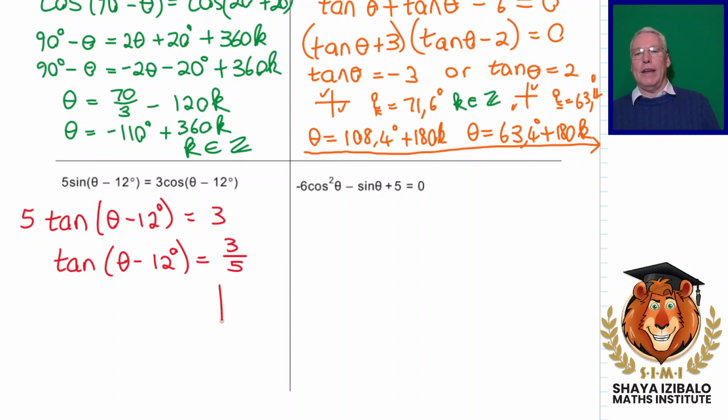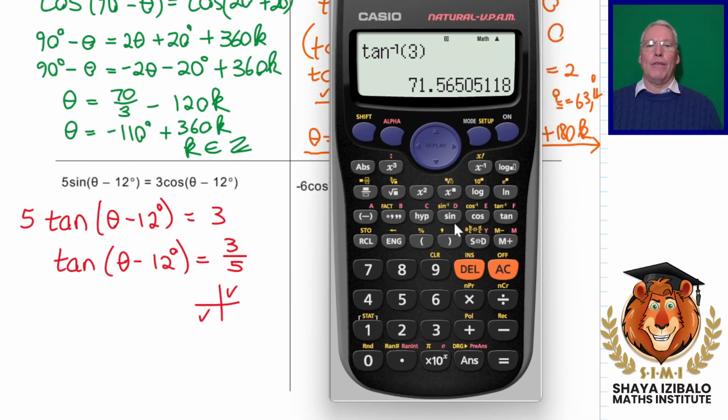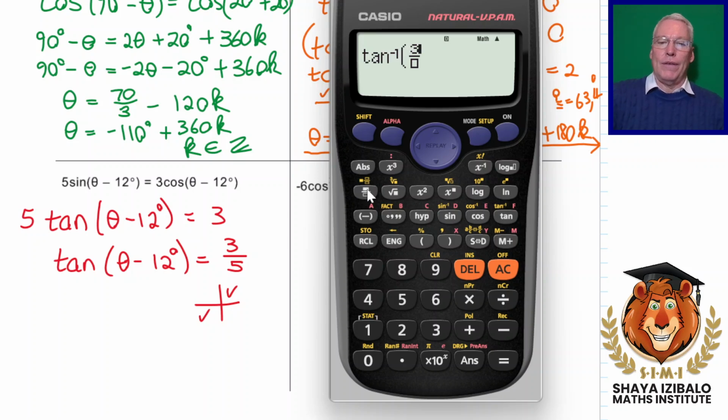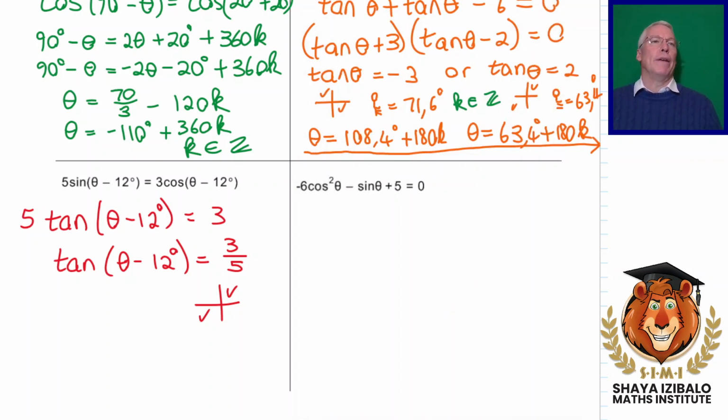Now we need to find a key angle. Remember, tan's positive in these two quadrants, so we're going to shift tan, we're going to undo tan of 3/5. And we get about 30, let's round that to 31 degrees.